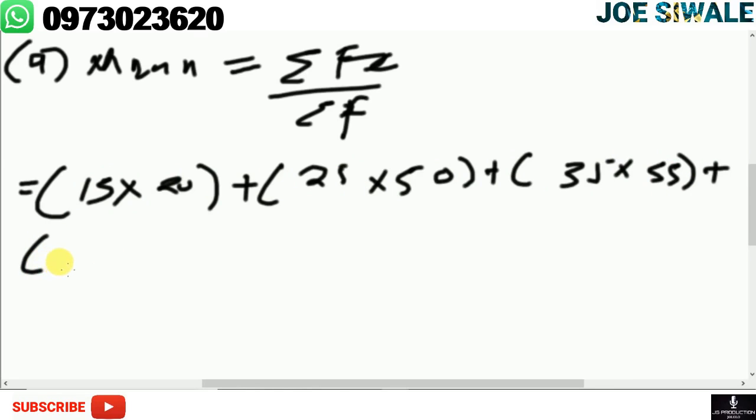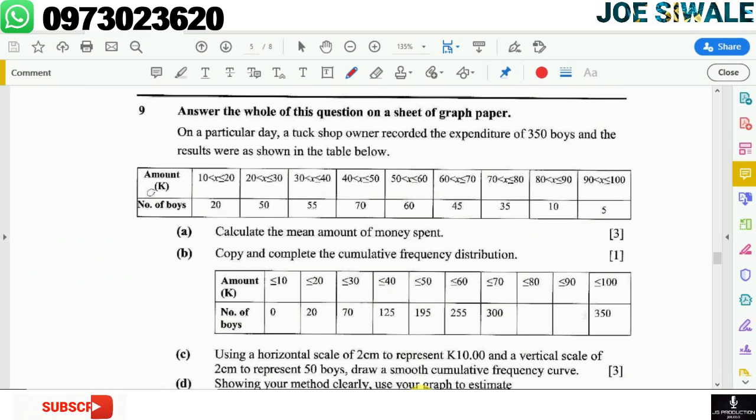then we have 45 multiplied by the frequency there, it's 70.